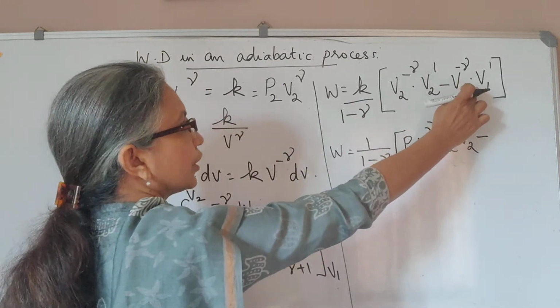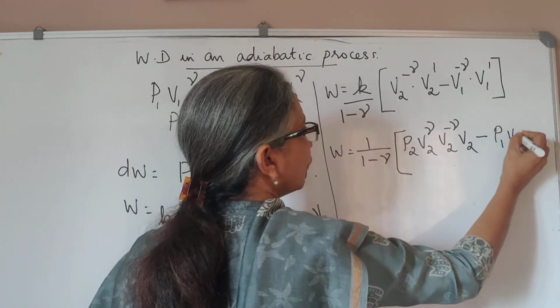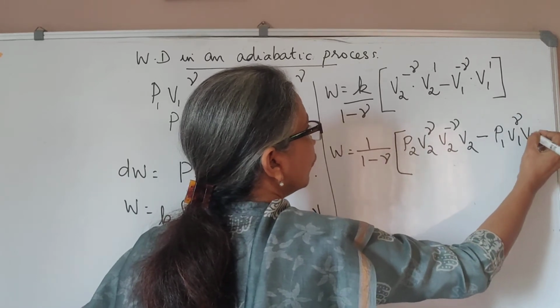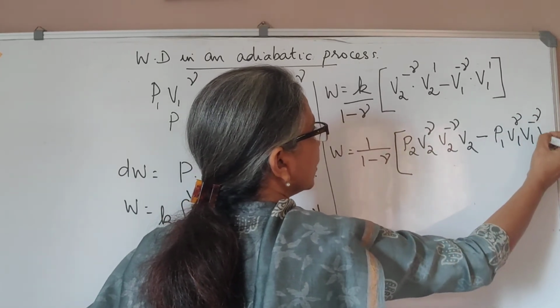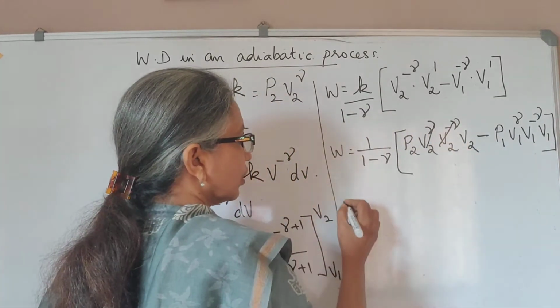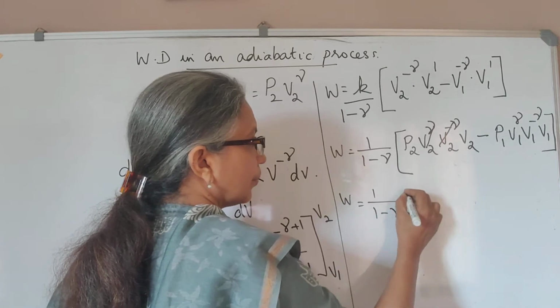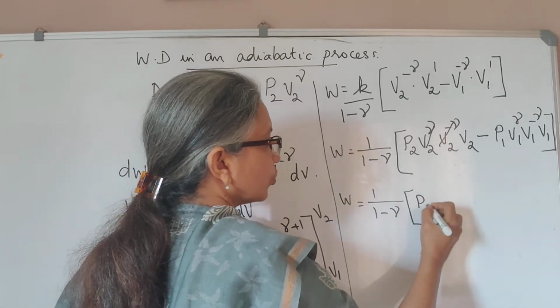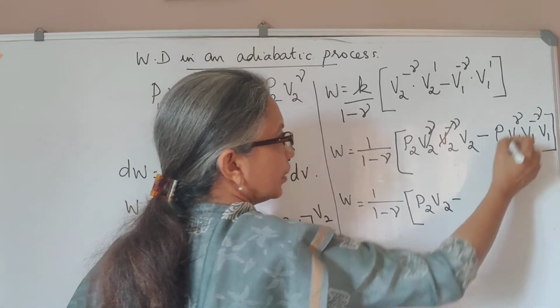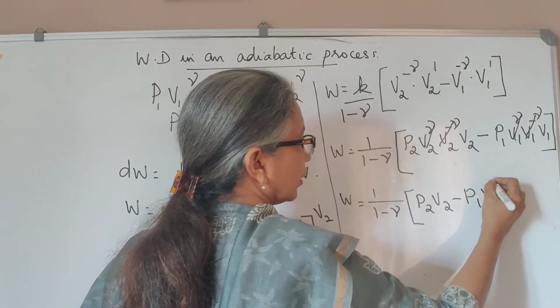Again the K has to be given here, which I'll take as P1 V1 raised to gamma, V1 raised to minus gamma into V1. So we get this cancelled out. So W is equal to 1 by 1 minus gamma bracket P2 V2 minus, this also gets cancelled, P1 V1.